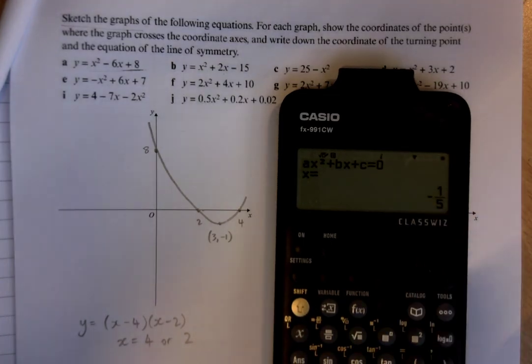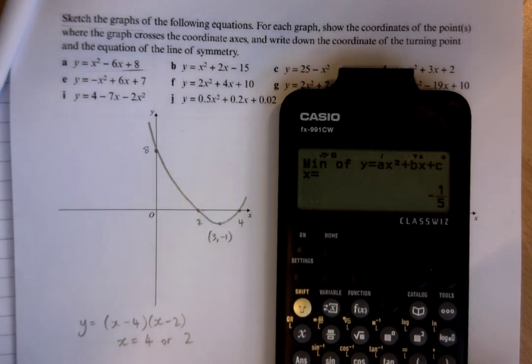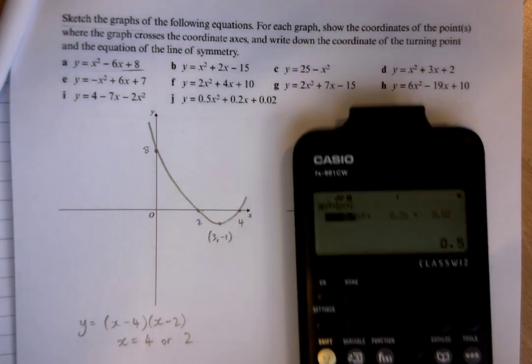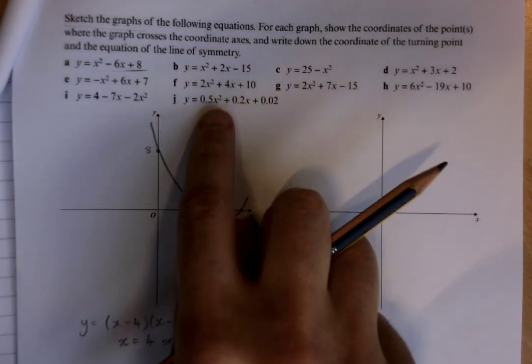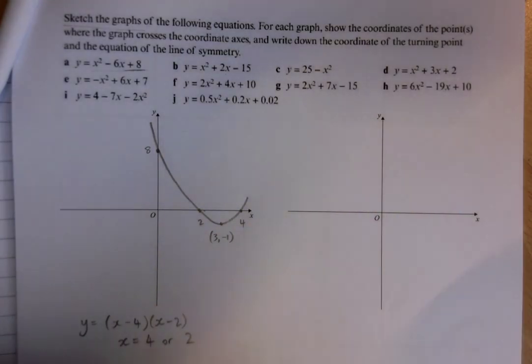So it's going to cross at negative 0.2. Is that just one solution? Is that a perfect square? So it touches, yeah. So when you solve that one, you're going to get repeated roots. So it's just going to touch the axis and bounce off.